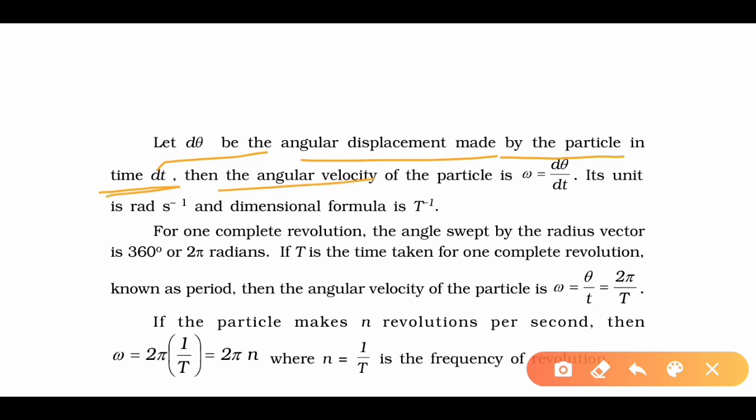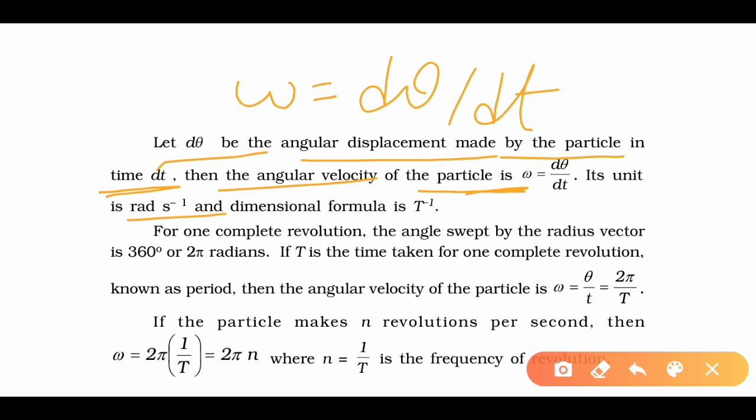Then angular velocity of the particle is given by omega equals d theta upon dt. And remember the unit of angular velocity is radian per second, and dimensional formula will be T inverse, or we can say T raised to power minus 1.